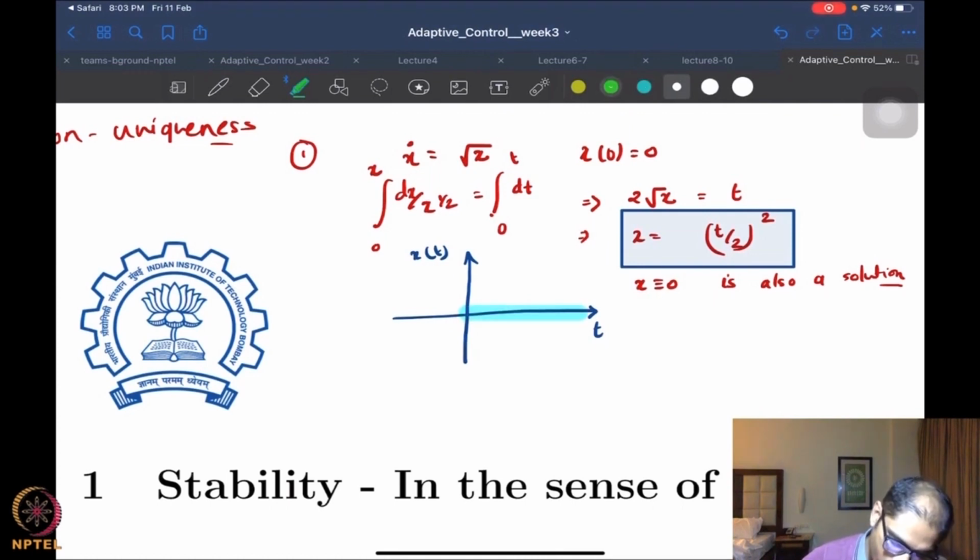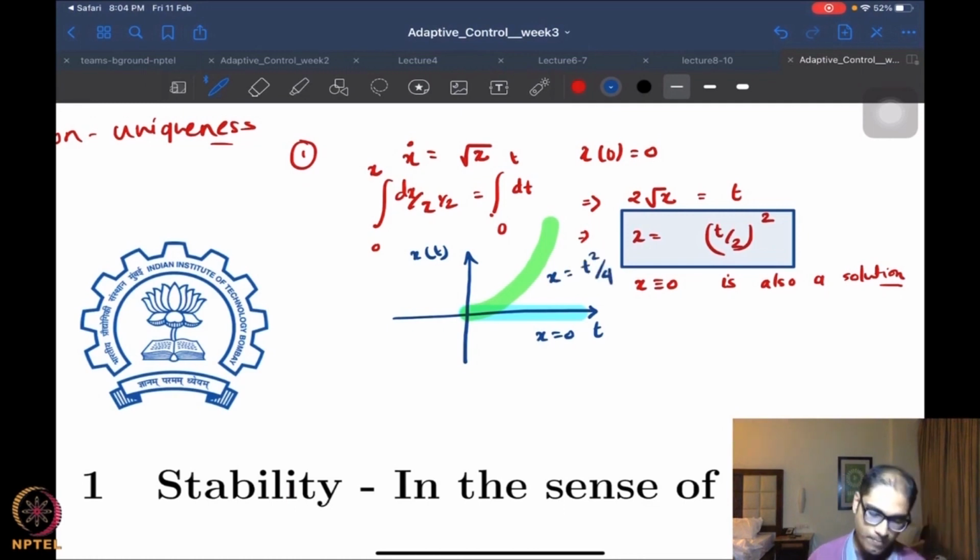So you have two solutions, x equal to 0 and x equal to t squared by 4. This is an example of non-uniqueness of a solution. Both these cases are rather bad, because in the earlier case there was no existence of solution at all, which is of course very bad.